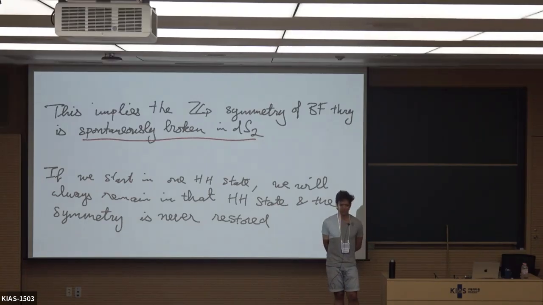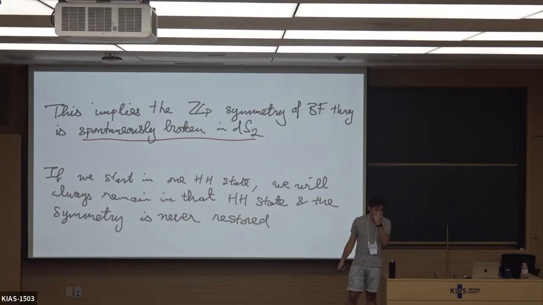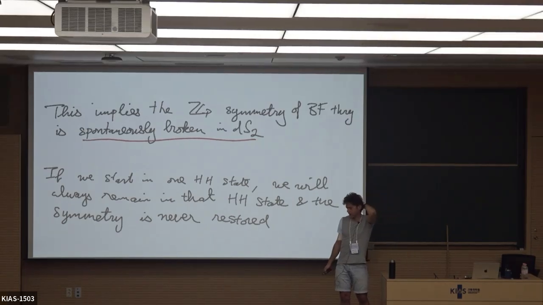There are local operators that are charged. Usually, people think of spontaneous symmetry breaking as being unable to go from one point on the vacuum manifold to another with a local operator. That's fine. Here, your definition is that you have these sectors and you don't evolve from one sector to the next.